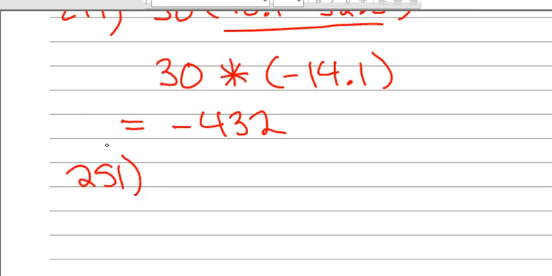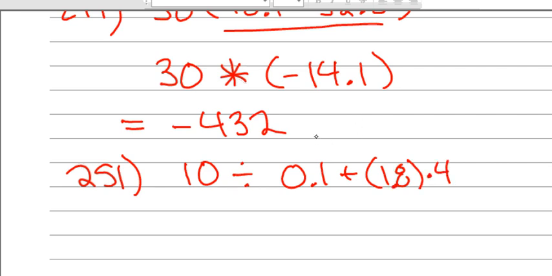And like I said, these would always be on the calculator part of the final exam. So this is 251 on 457.